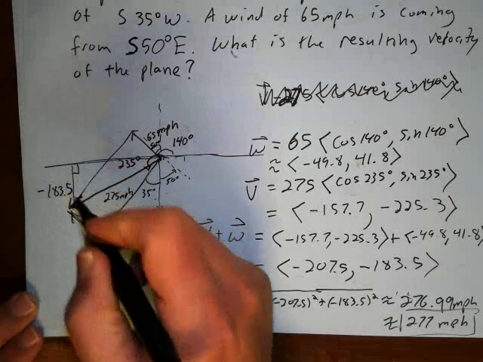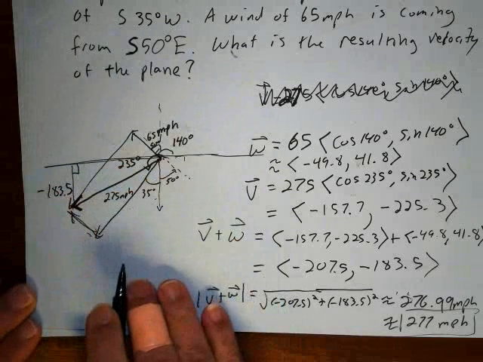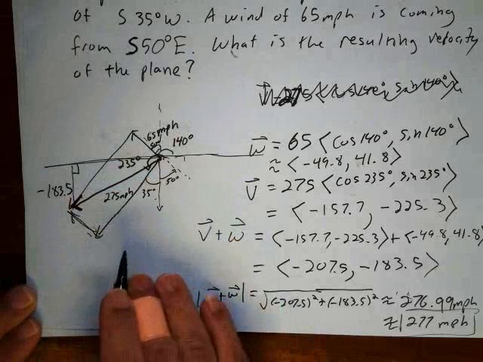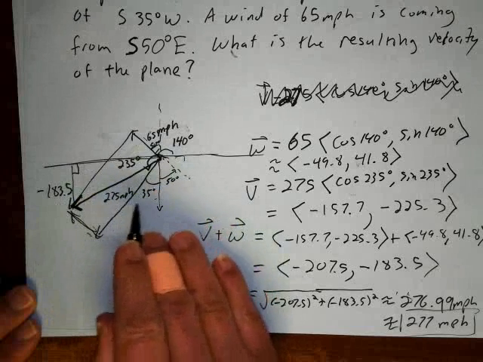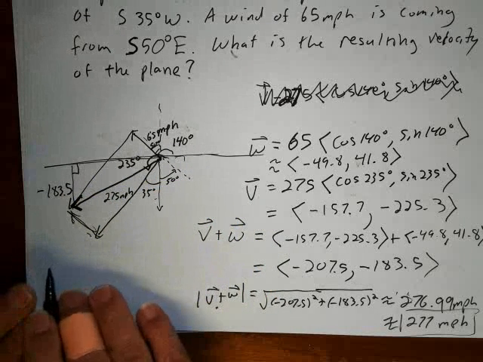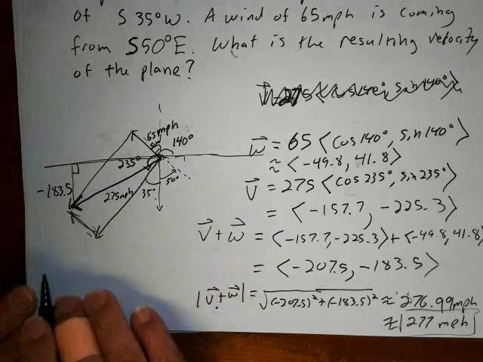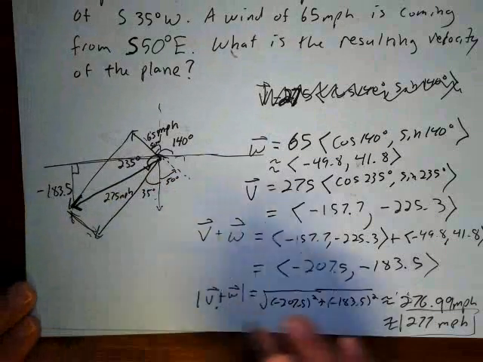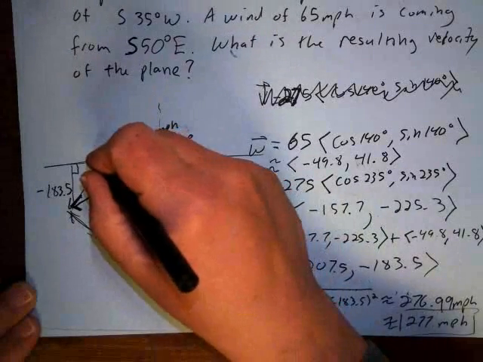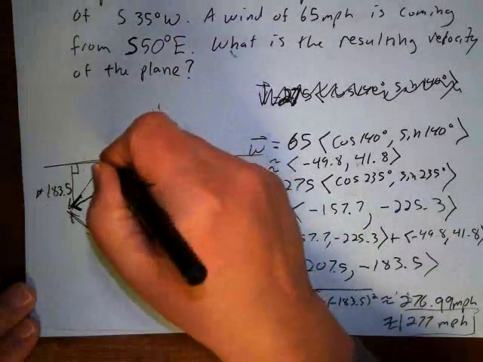So maybe my angles are not accurate. I'm going to guess that they're not accurate, and also this should be down more. So yeah, I'm thinking I did everything correct here. And this should be like 207. I'm going to ignore those signs.